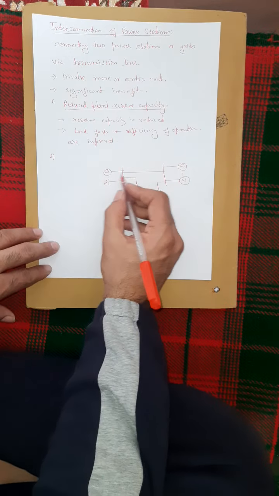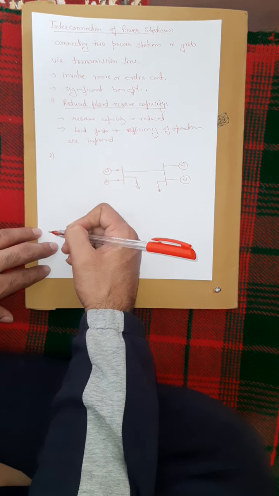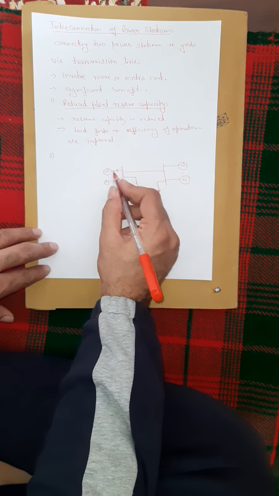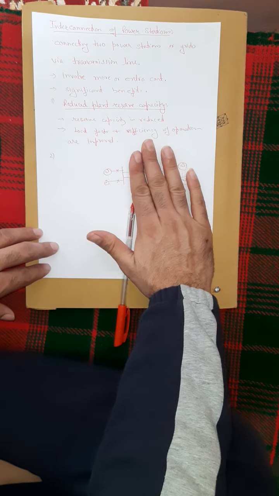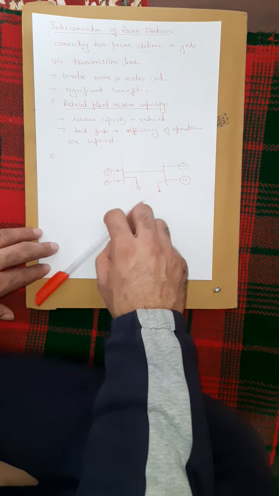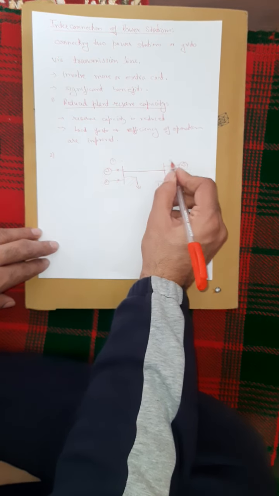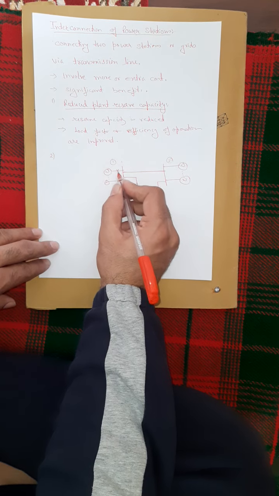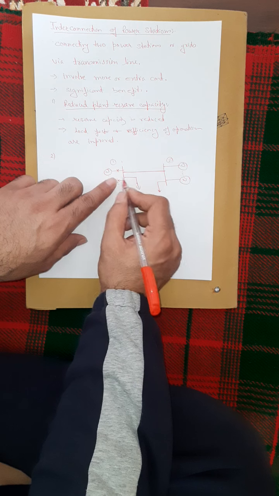In case there is a problem or fault here, the whole load connected to this system will be affected. This is the transmission line. If these two stations, station 1 and station 2, are not connected with this transmission line, and some problem occurs here, this load will get cut off from the power supply.